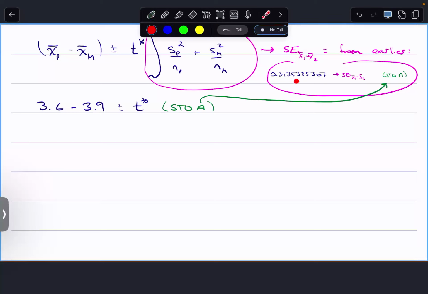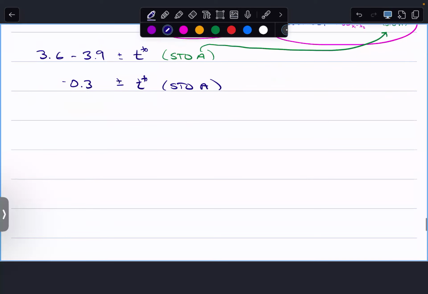Or you can just enter these values if you want. But we need negative 0.3 plus or minus t star times whatever is stored in A. T star for a 99% confidence interval at degrees of freedom equal to, let's just for practice write out that minimum function so it's not so bulky looking anymore.